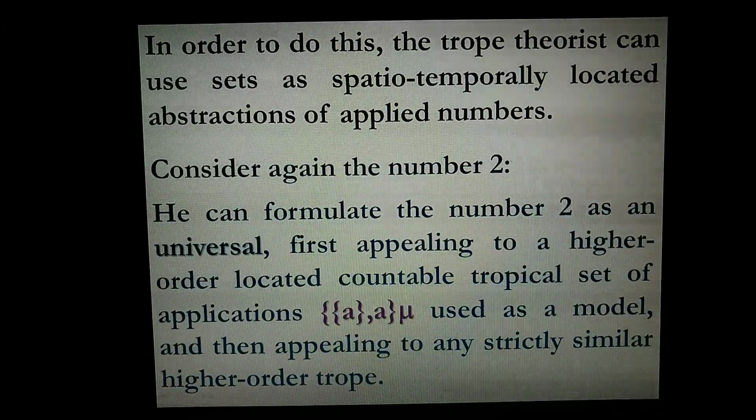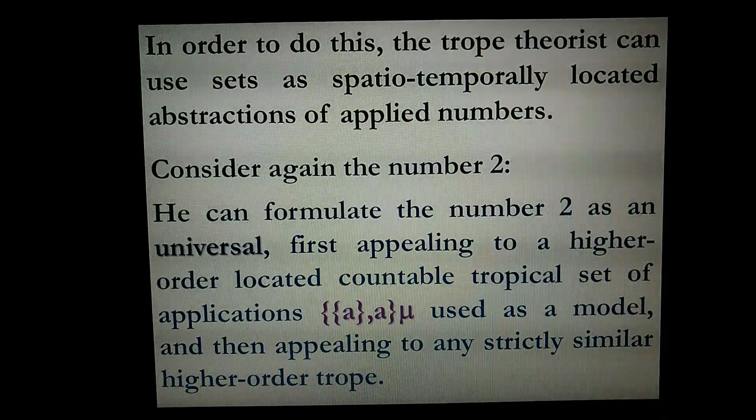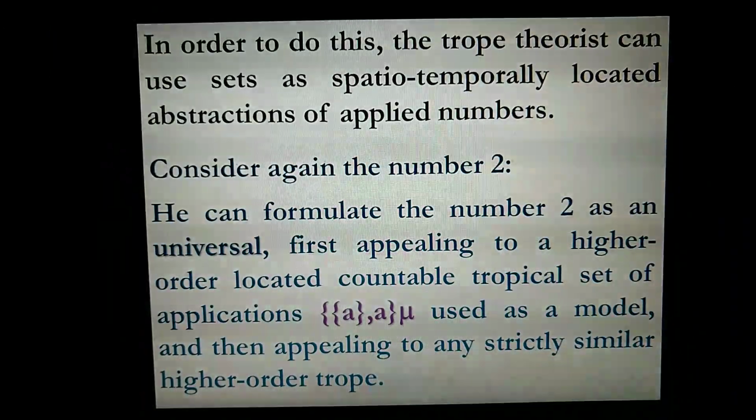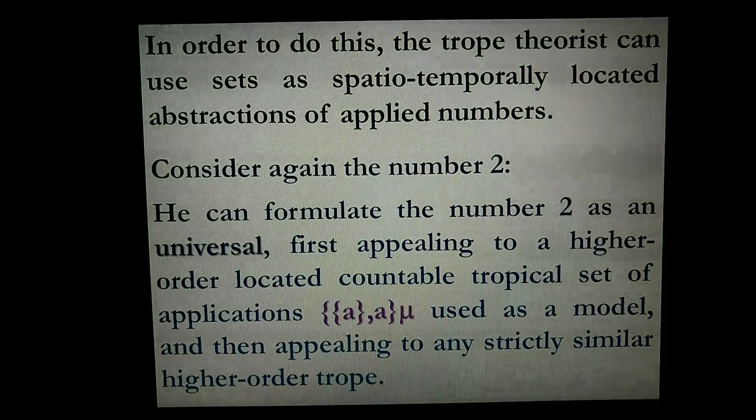In order to do this, the trope theorist can use sets as spatial-temporally located abstractions of applied numbers. Consider again the number 2. He can formulate the number 2 as a universal, first appealing to a higher order located countable tropical set of applications, 2 mu, used as a model, and then appealing to a strictly similar higher order trope.